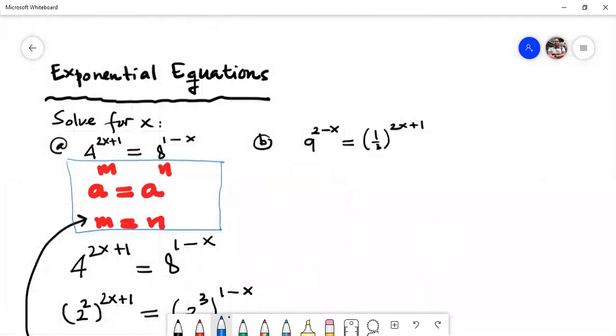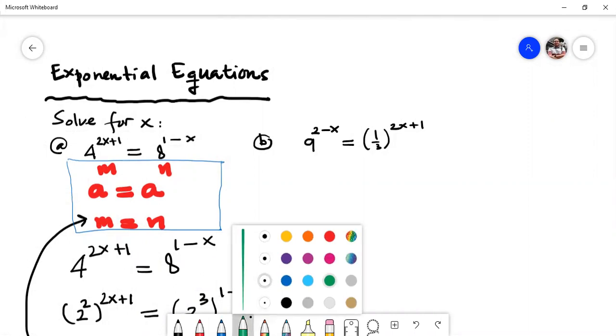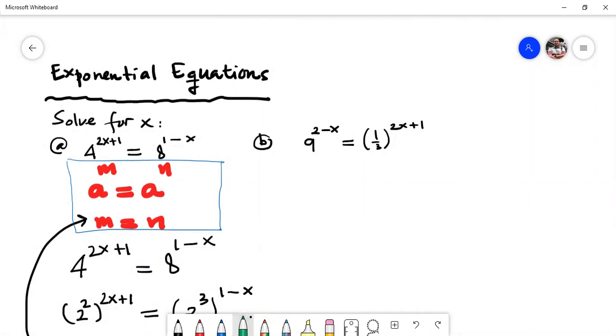Look at this, the next question, question number 2. I use another color, now I'm using the green color. Then we try together. Okay, so I still write this the same as the question, 9 to the power 2 minus x, which equals, now this one, 1 over 3. We can change this into a negative exponent.